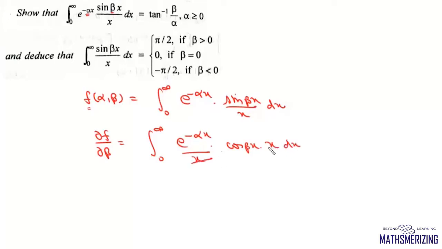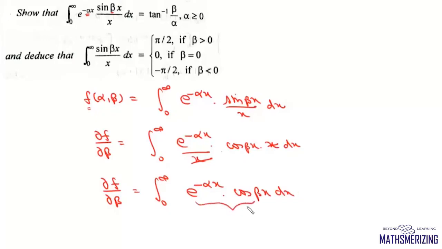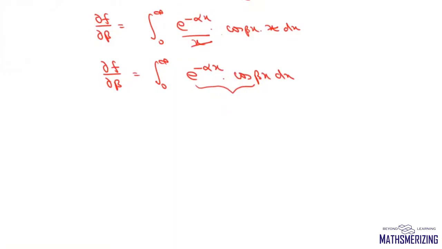Now here x and x will cancel. So we are getting del f upon del beta as this integral from 0 to infinity e to the power minus alpha x into cos beta x dx. Now this is a standard integral which we solve using integration by parts. So here I won't solve it, I'll use the result directly.